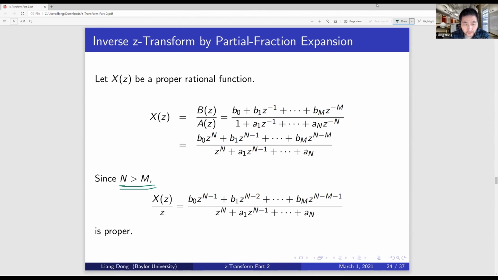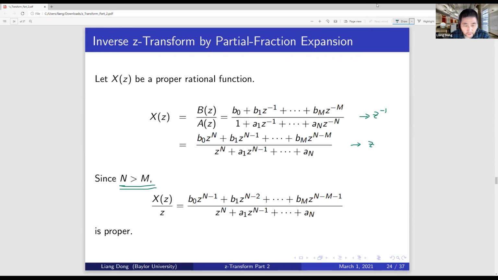Then what we can do is write it in this form. This is a function of z to the power negative 1. Now I multiply the numerator and denominator by z to the power n, so it's a function of z. You can argue it's the same thing, but we like to write it this way in order to discuss polynomials and find numerical results.